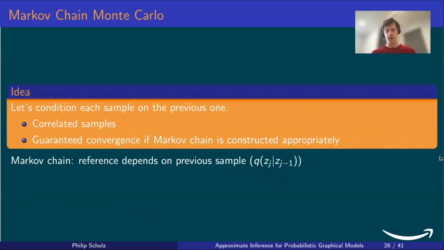So Markov chain Monte Carlo will give us correlated samples, which has the drawback that the samples are not independent anymore, and therefore we can't really count them as like 2 independent samples, right? Turns out it's not too much of a problem.